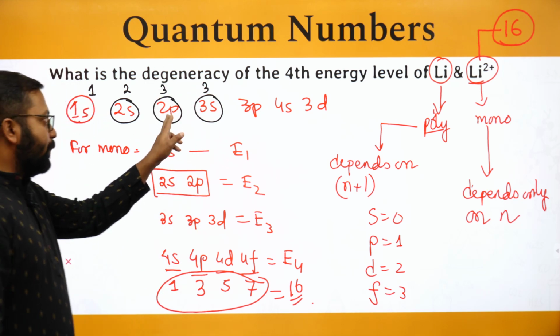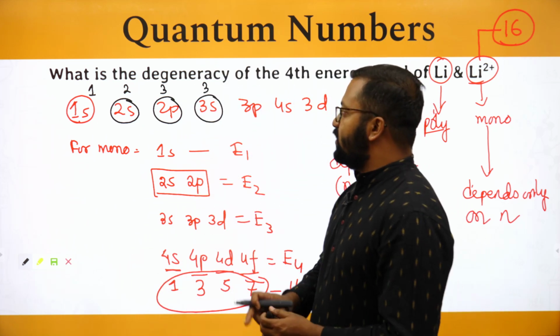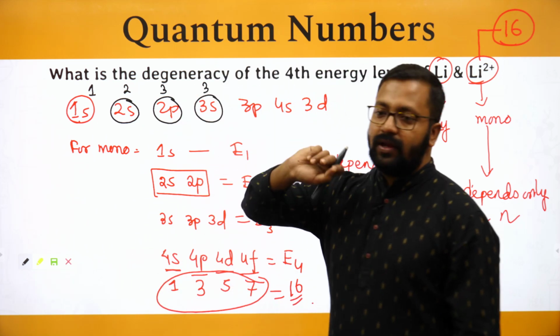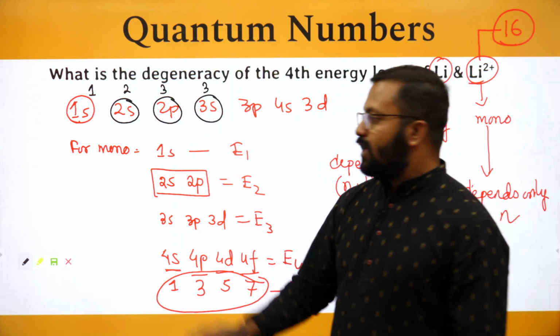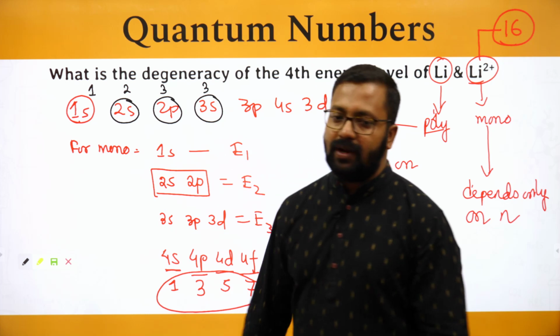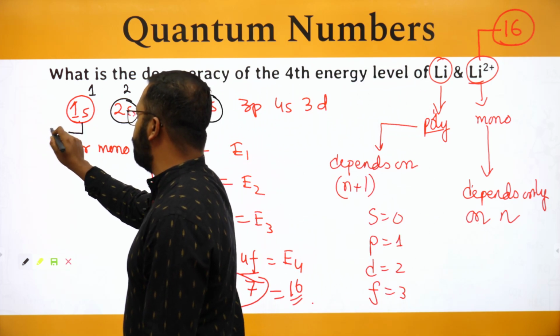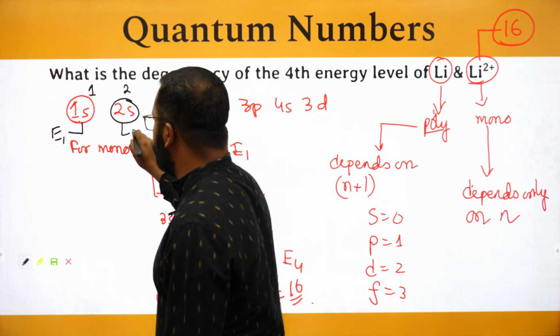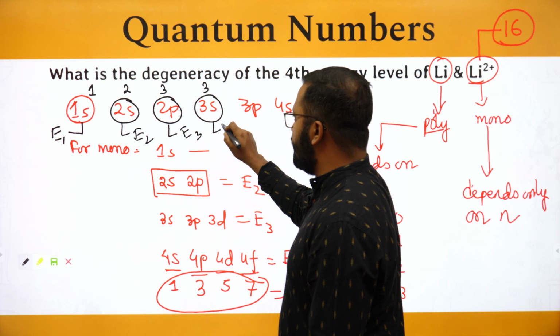But between 2p and 3s, which will have lower energy? The one which has the lower value of principal quantum number. So 1s will be E1, 2s will be E2, 2p will be E3, and 3s will be E4.